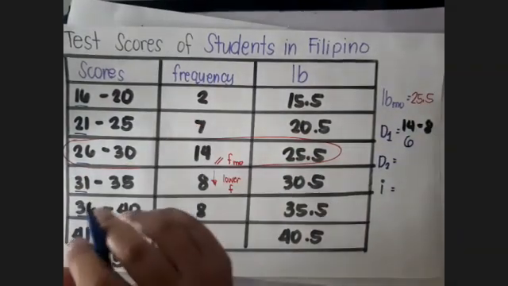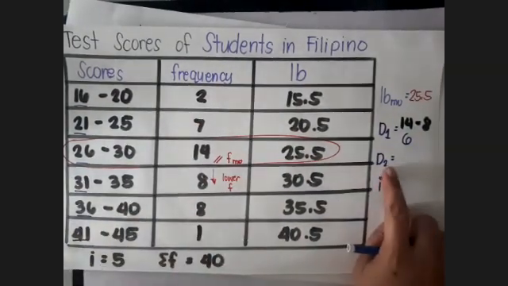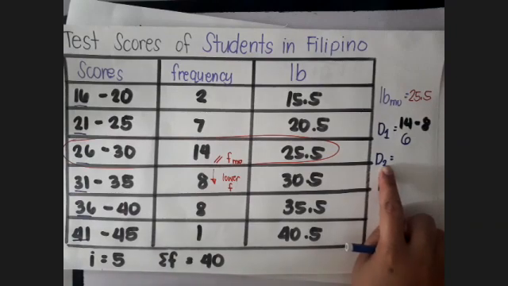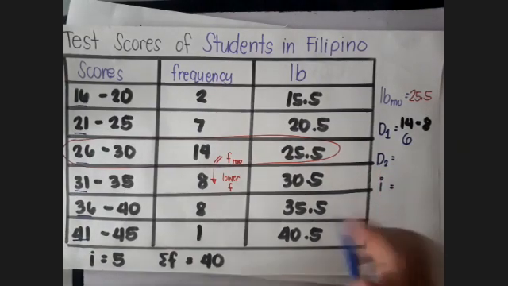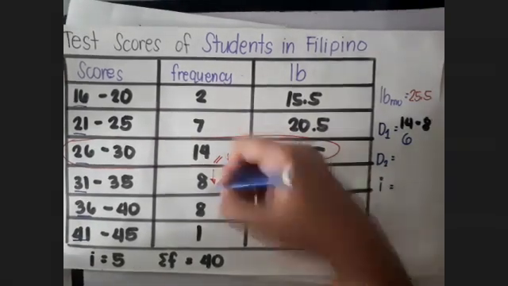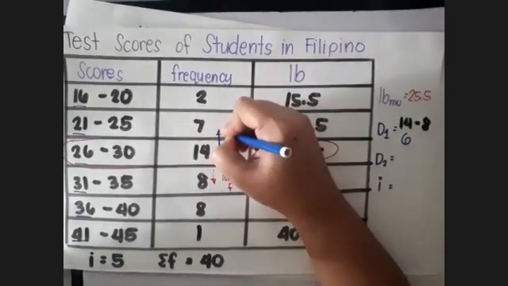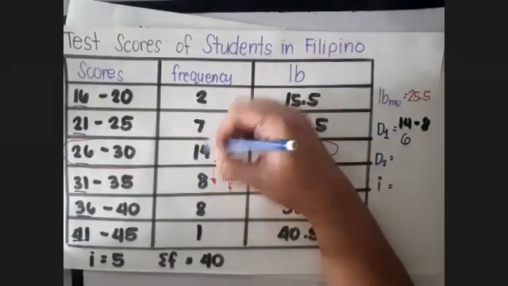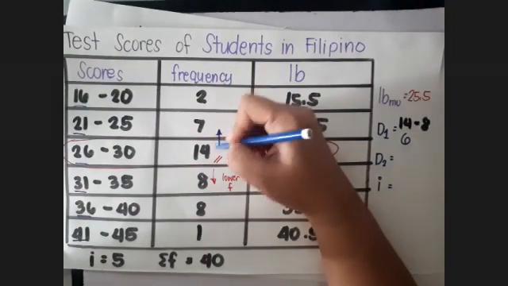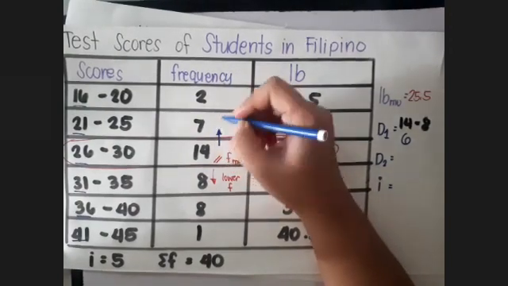Next, I'm going to define D sub 2. D sub 2 is the difference between the frequency of the modal class and the next upper F. So kung ito yung modal class natin, yung upper niya, yung nasa taas niya, anak, hindi dito pinag-uusapan kung alin dito sa dalawa yung mas malaki ha. Yung positions. So nasa upper niya si 7.